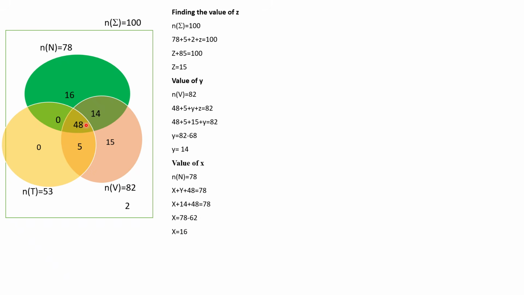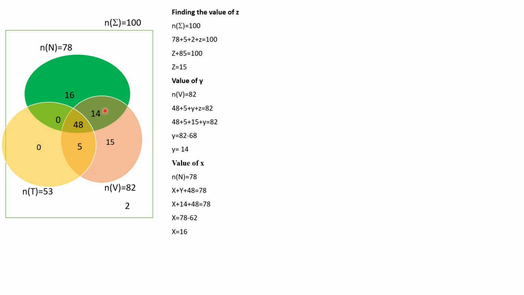Now, you come and fill in your Venn diagram with the values of the unknowns. Before you say that you are done, confirm whether every set region is giving you 48, 78. Prove every set region. Yes, this is 30, then plus 48, I get 78.